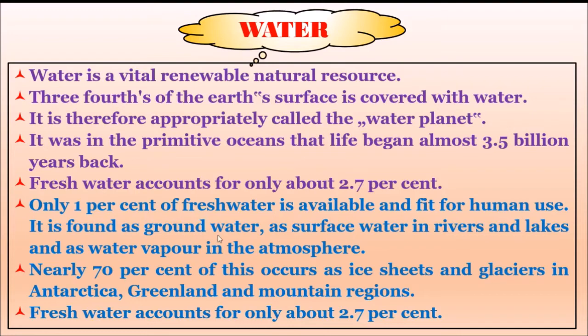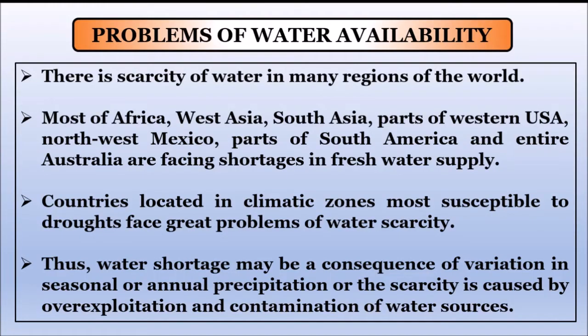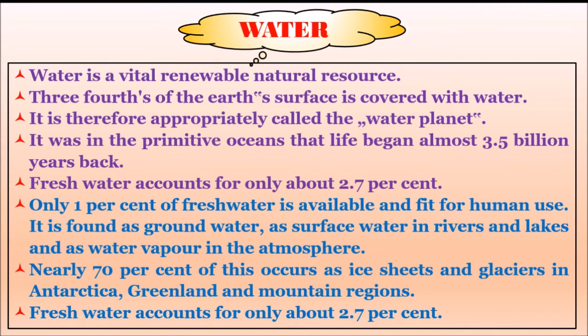It is found as groundwater, as surface water in rivers and lakes, as water vapor in the atmosphere. Nearly 70% of this occurs as ice sheets and glaciers in Antarctica, Greenland and mountain regions. Fresh water accounts for only about 2.7%.